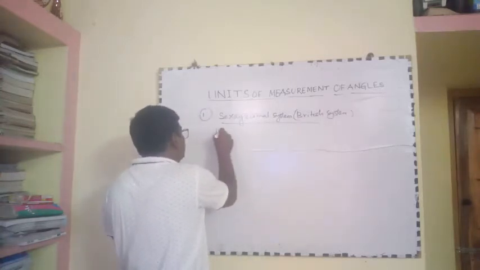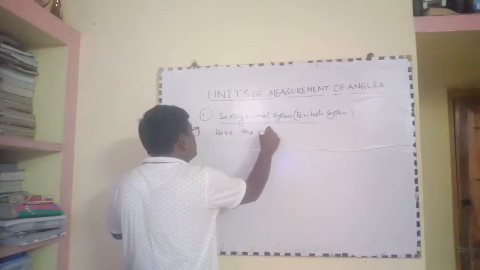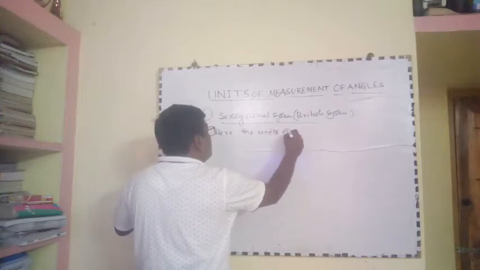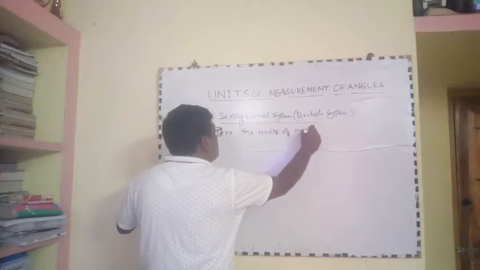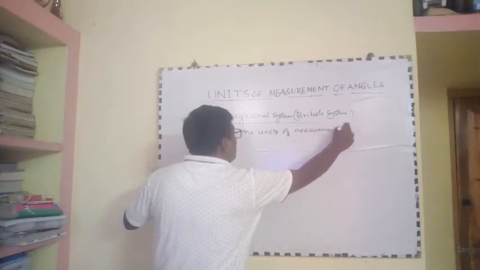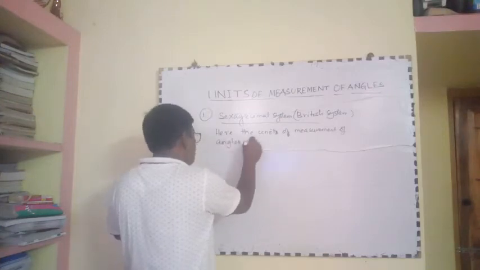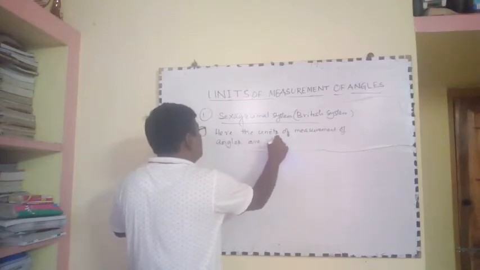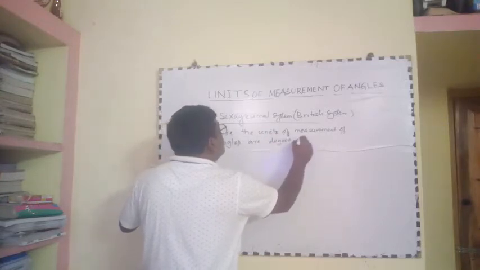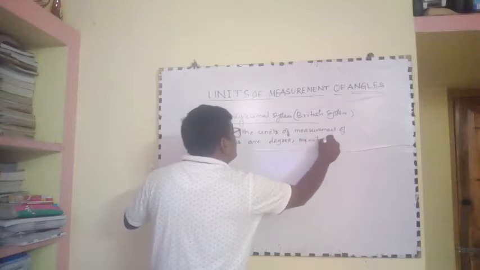Here the units of measurements of angles are degree, minute and second.